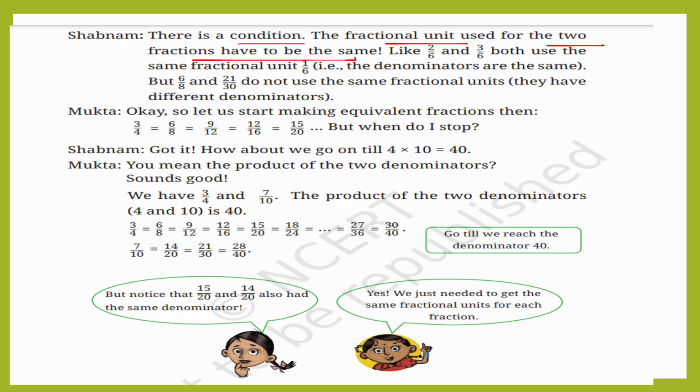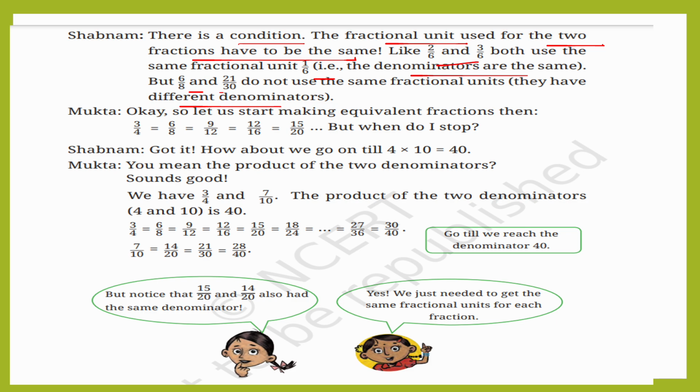Like 2 by 6 and 3 by 6 both use the same fractional unit 1 by 6. That is, the denominators are the same. But 6 by 8 and 21 by 30 do not use the same fractional units. They have different denominators. See, in this case, in order to compare, the fractional units must be same. That is, the denominators must be same.